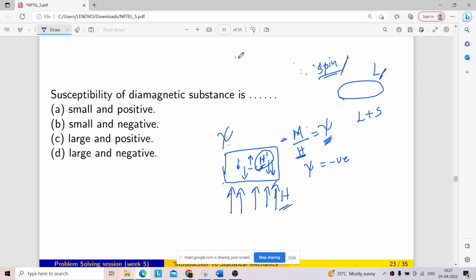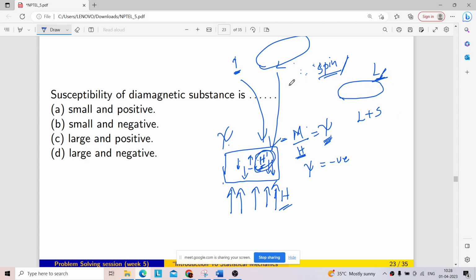If we have some unpaired electrons in an atom, then its spin will contribute to the induced magnetic field, and it's revolving around a nucleus, so its orbital motion will also induce the magnetic field. So the total induction of magnetic field is more than the single orbital case.